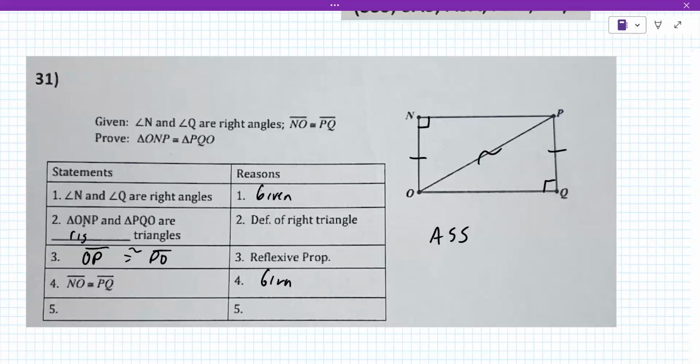And the only theorem that we have is HL for right triangles. Why is it HL? HL only works for right triangles.